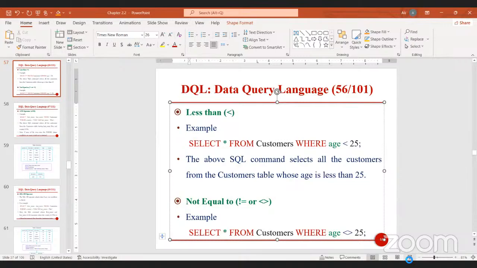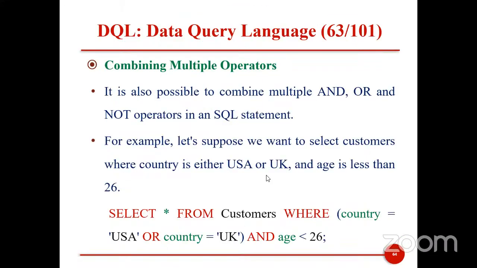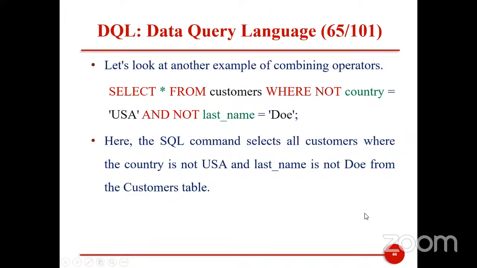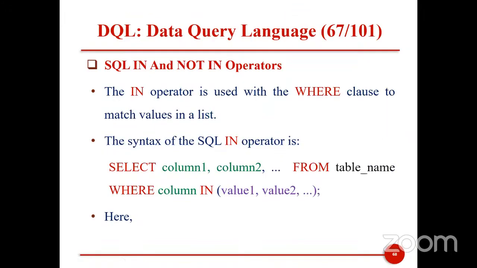Then we looked at this and the combinations. You can see here someone is this and so on. Then using the IN and NOT IN operators. So the IN operator is used with the WHERE clause to match values in a list.